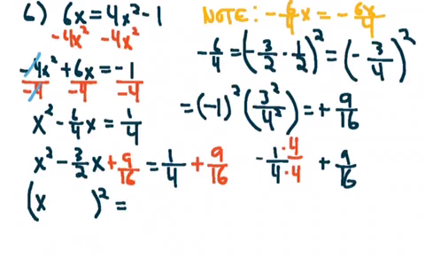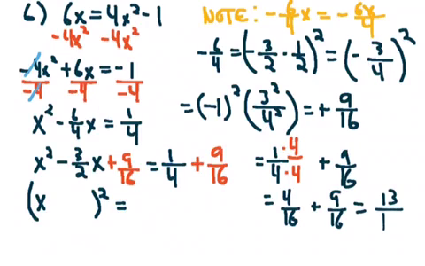So we end up getting 4/16 plus 9/16, which is, of course, 9 plus 4, which is going to be 13/16. So we know that 1/4 plus 9/16 is 13/16, and we write that here.